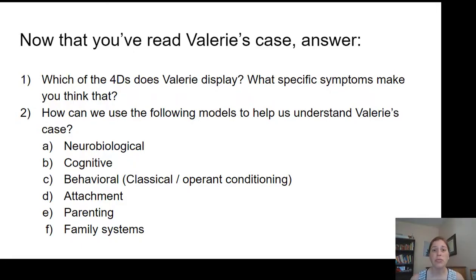Is she being reinforced or punished by any of these things? What is her attachment like to her parents? What about different types of parenting styles or parenting interactions are there in this case study? Or what's the family system like? So go ahead, write some notes to yourself, just think through this.